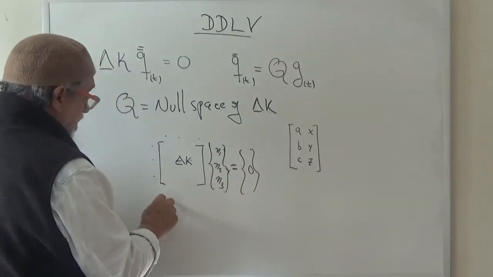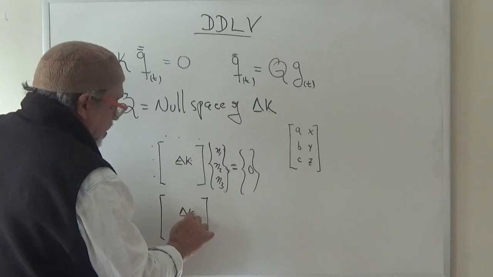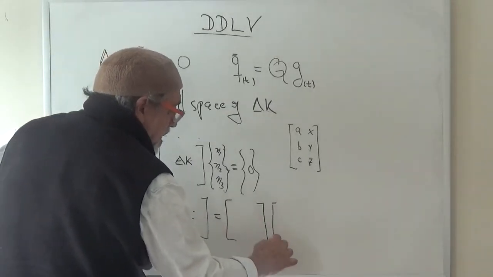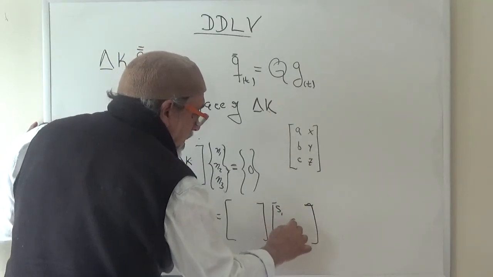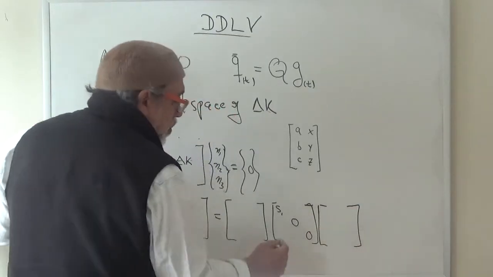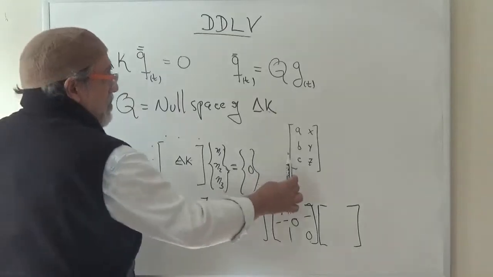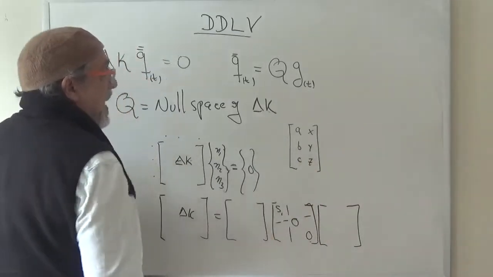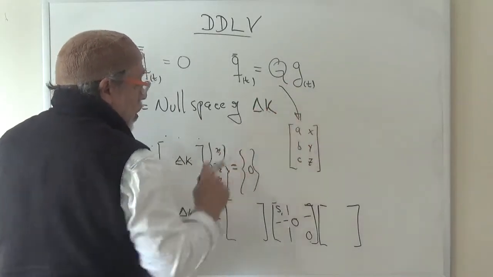This delta K, if you were to break it into a singular value decomposition, would have something like this, and then something here like that, and there would be an S1, and then 0 and 0, and then something here again. So there would be 2 zero singular values, indicating that the null space is of dimension 2. And this could be a basis for the null space. That's what I'm calling here Q.